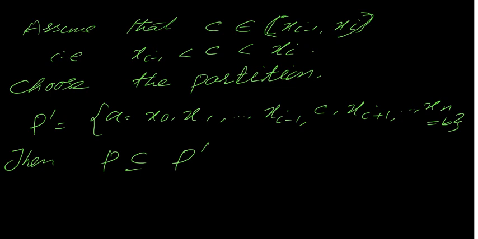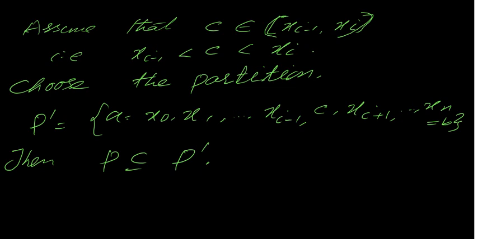So actually we are doing this for those points c which lie in the closed interval [a, b] such that c is not equal to any of the partition points of the partition P. From this we obtain a different partition P', which is obviously a refinement of P. In general, if there is no restriction on this point c, then P may be equal to P'. So in general it's a subset of.